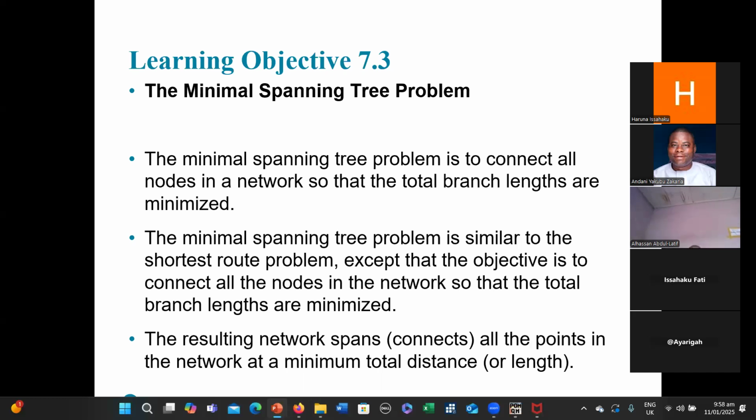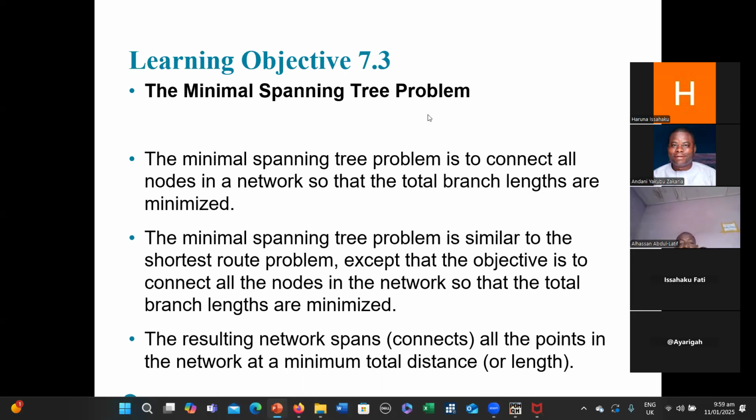All right. Don't have much time again, but I would want us to finalize looking at the minimal spanning tree problem. Now, the minimal spanning tree problem is aimed at connecting nodes in a network so that the total length of the branches will be minimized.